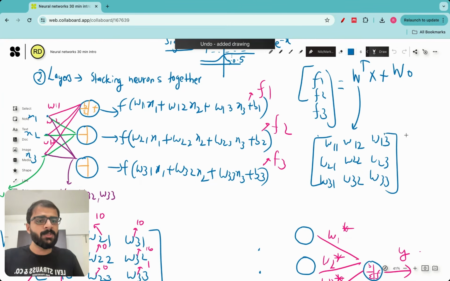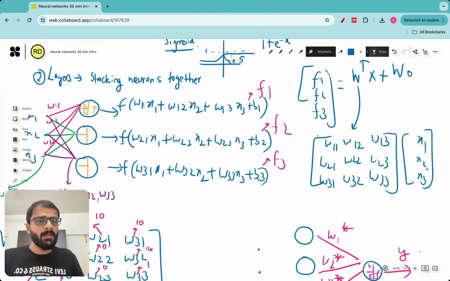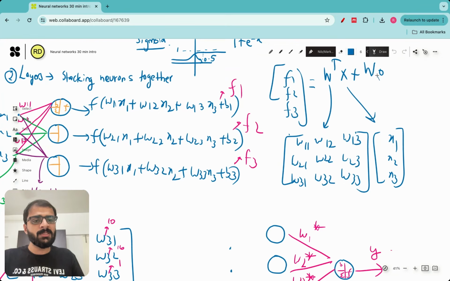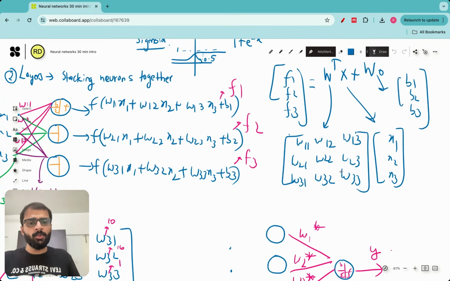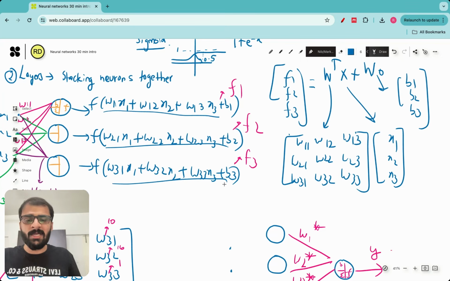This is w transpose. x is just x1, x2, and x3, and w naught is just b1, b2, and b3. If you do this multiplication and add this column, you will get this as the first row, this as the second row, and this as the third row.